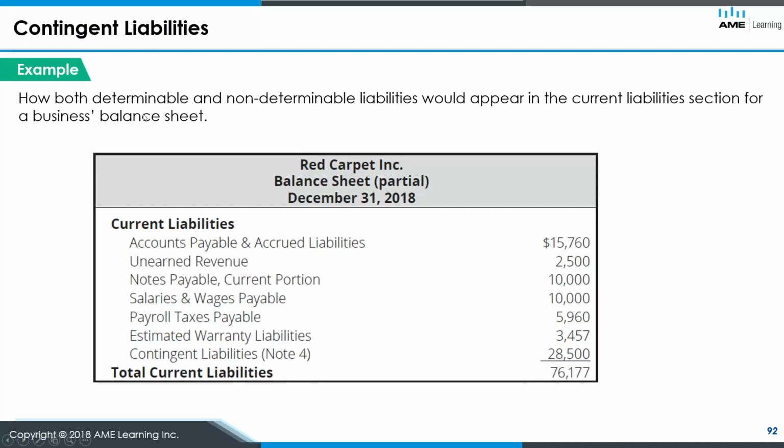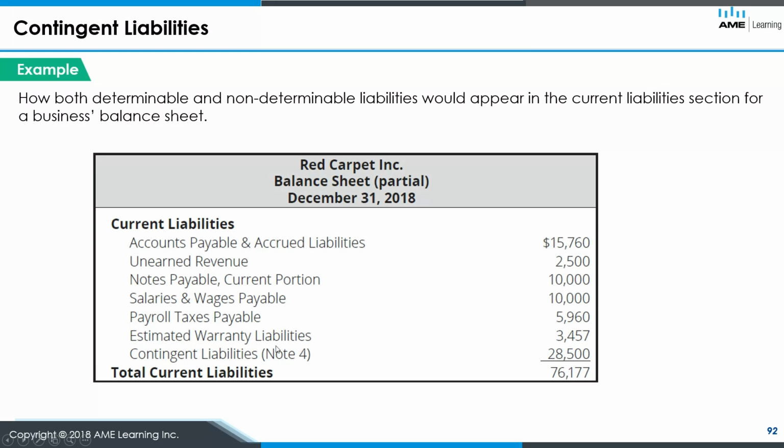And this provides a little example here of how determinable and non-determinable liabilities would appear. So you can see that we've got a breakout of contingent liabilities as a separate line item, estimated warranty liabilities. So they're just kind of highlighting that having these things well named and documented is important to allow the readers of the financial statements and the balance sheet to understand what makes up total current liabilities.